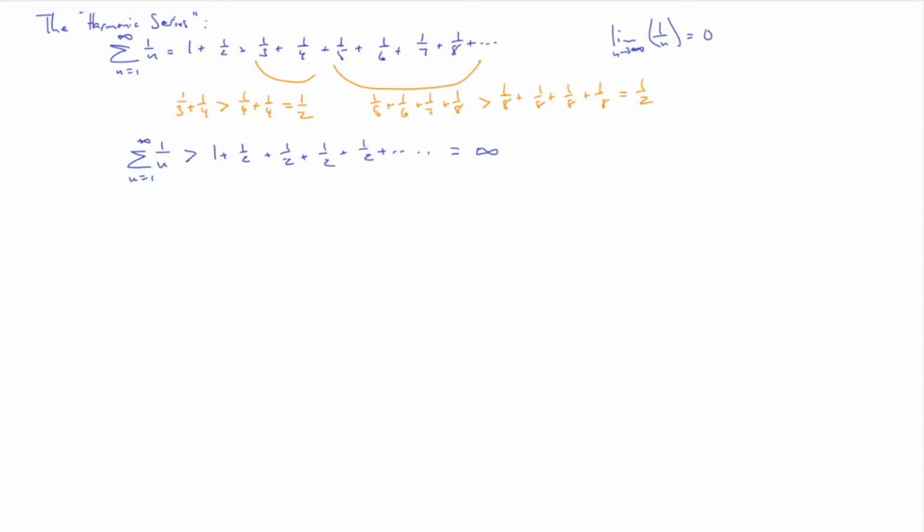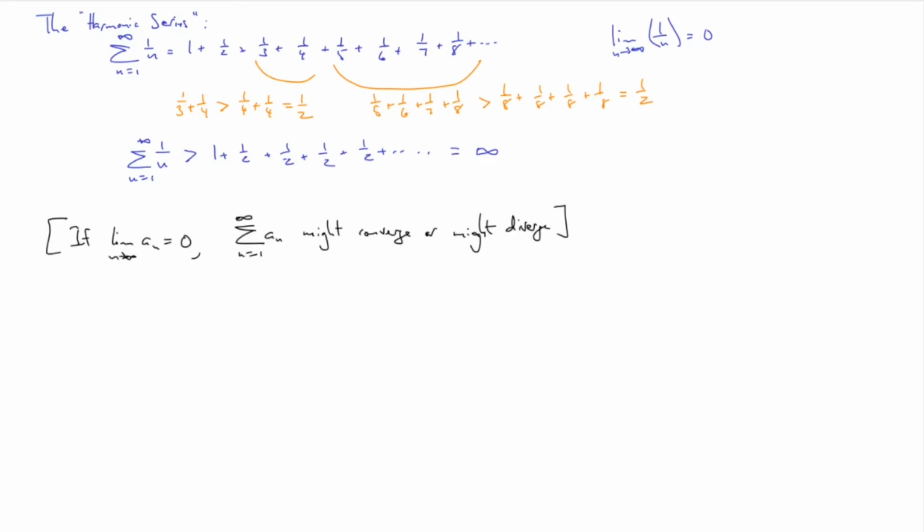A moment ago, with the geometric series 1/2 to the n minus 1, we saw an example where the terms were going to 0 and the series converged. And so the only way you can use the divergence test is to say that a series diverges when the terms do not go to 0. If the terms do go to 0, you can't use the divergence test. The series might converge or it might diverge.